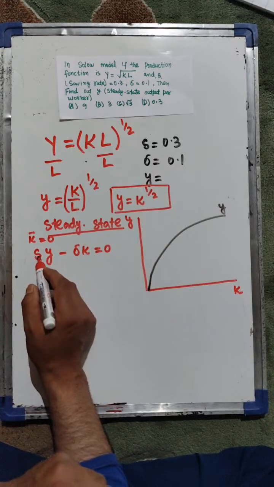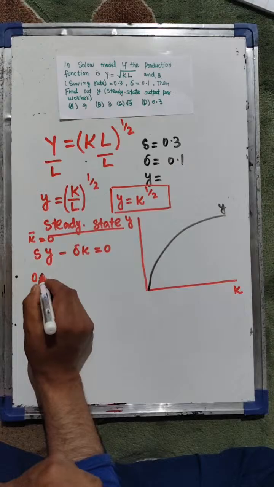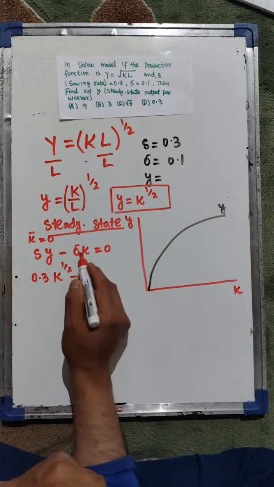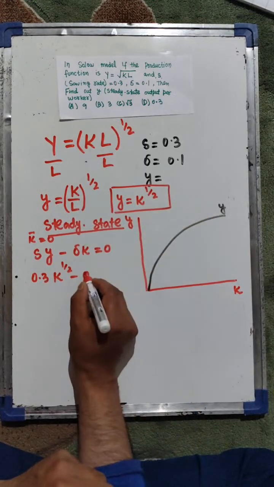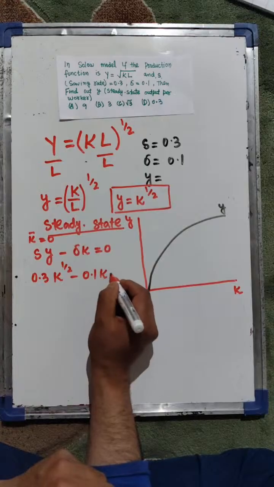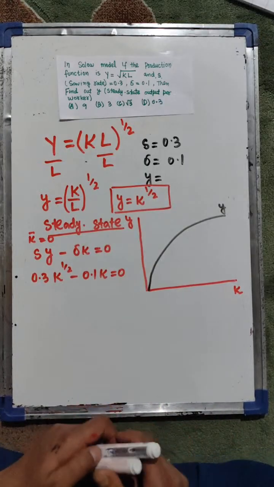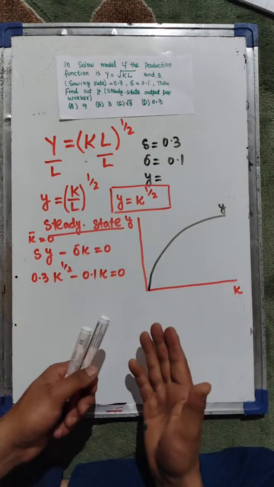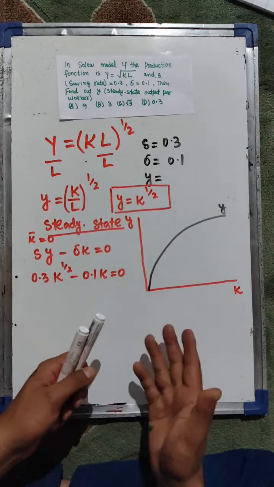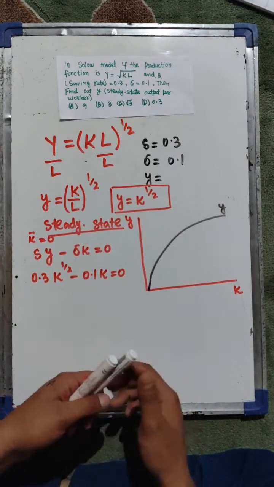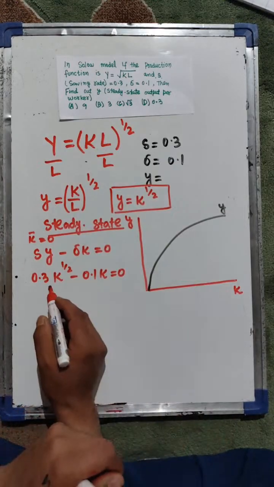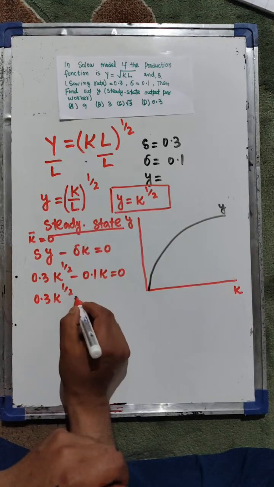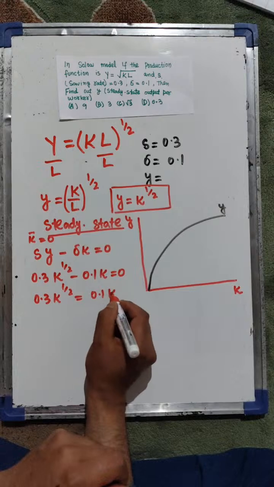S is the savings rate, which is given as 0.3. So 0.3 k raised power 1 upon 2 minus delta, which is 0.1, times k is equal to 0. In the steady state, whatever is invested is used to maintain the capital stock, so there is no addition to the capital. So we can rewrite it: 0.3 k to the power 1 upon 2 is equal to 0.1 times k.